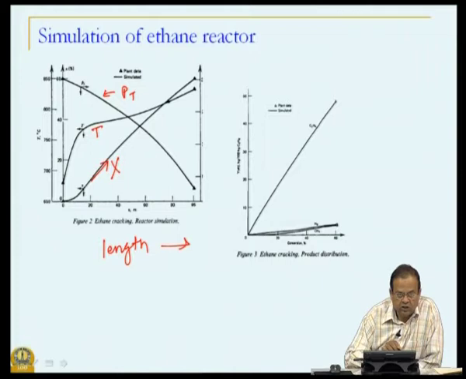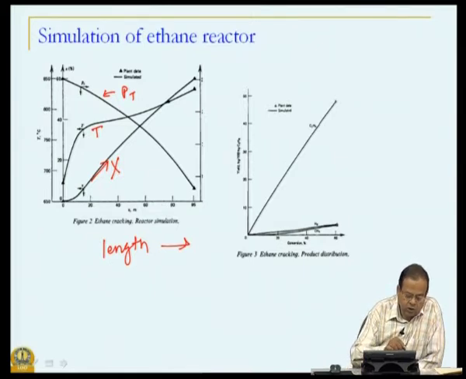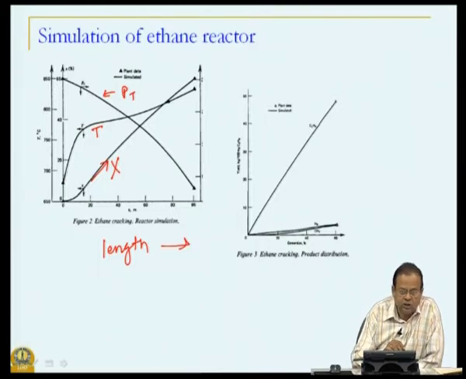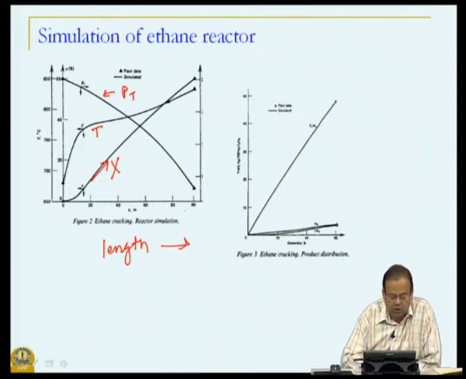Conversion of course increases along the length of the reactor. Remember, we are talking about a tubular reactor here. So, conversion increases as we travel along the length, and how it is influenced by, for example, pressure, which is decreasing, and temperature, which we purposely modeled, with the furnaces or heat transfer fluxes, such that we get increasing temperature along the length of the reactor.